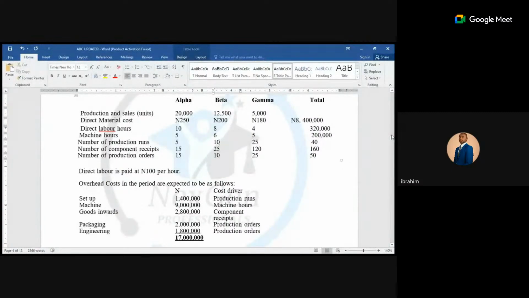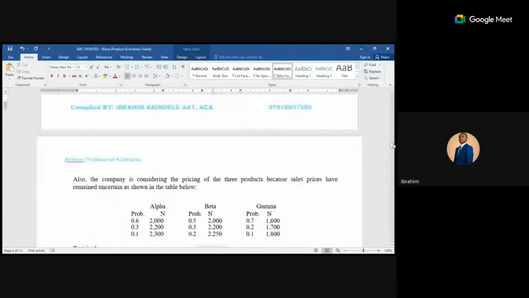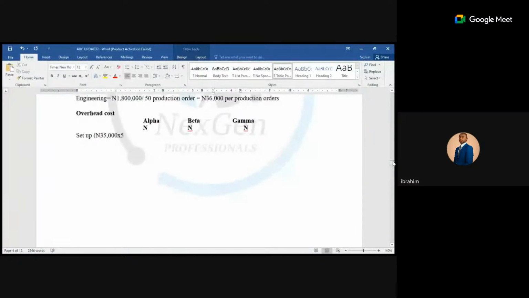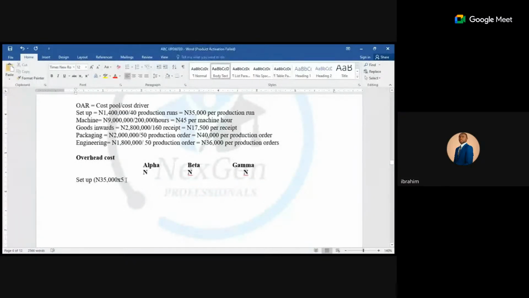This will make 25. So 35,000 times 5 production runs. When you multiply, what do you have here? 175,000. Right, we'll move to the next one.